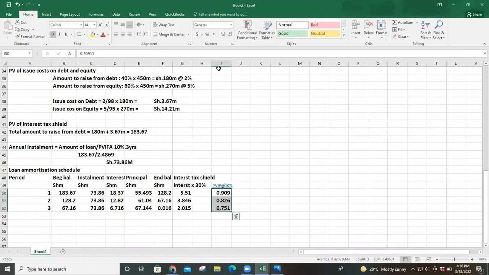Therefore, we can get the present value, which is the interest tax shield times the PVIF.